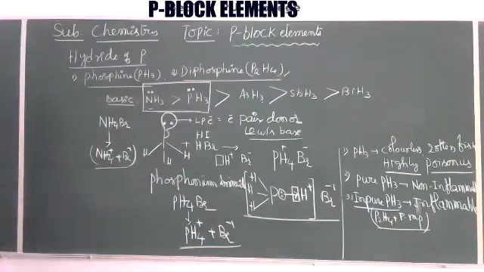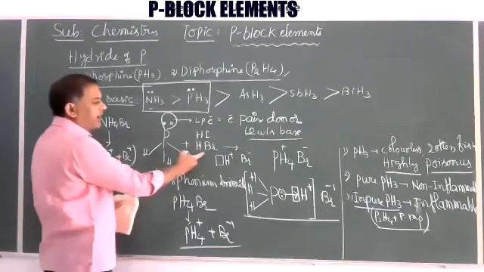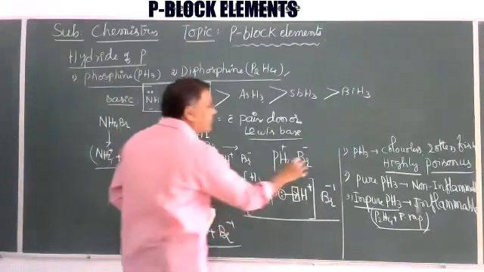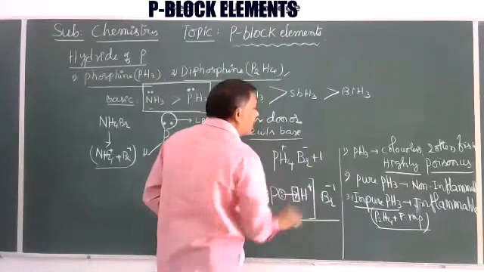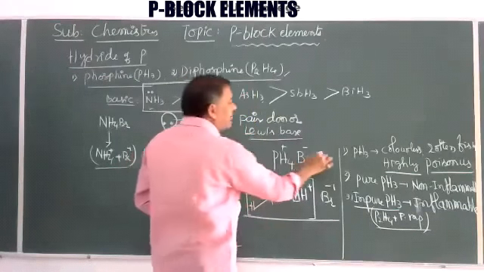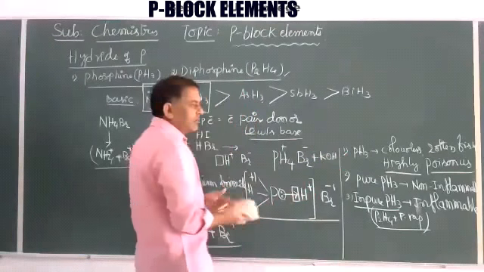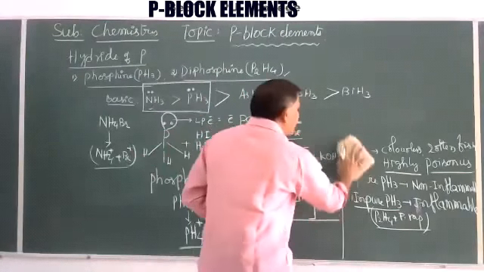Now the obtained impure phosphine is reacted with HBr, hydrogen bromide. It forms phosphonium bromide. Now it is reacted with an alkali solution, like KOH.